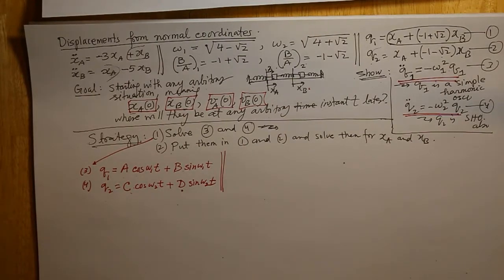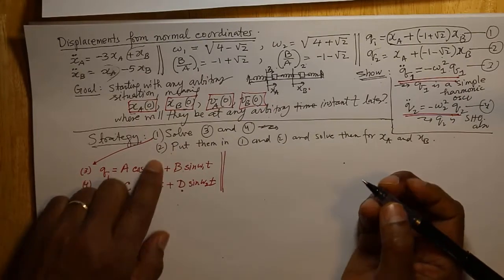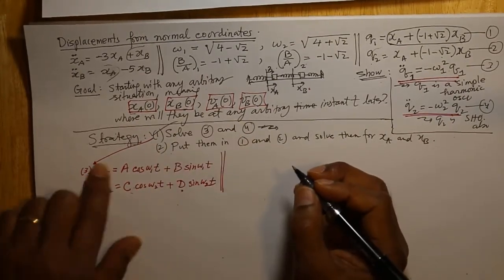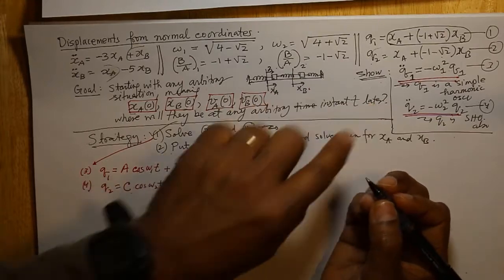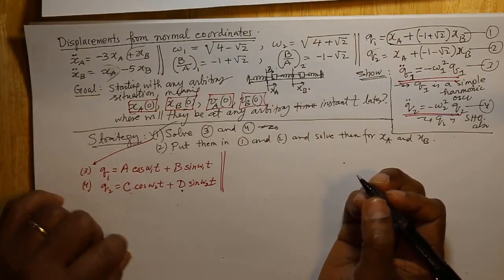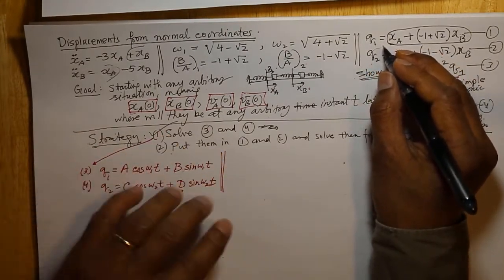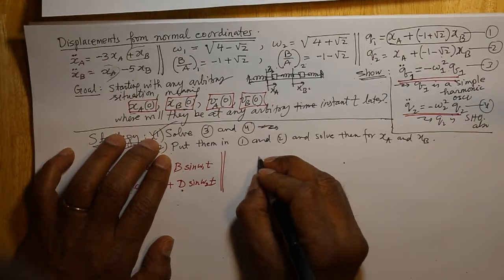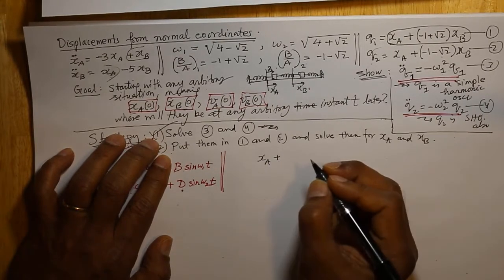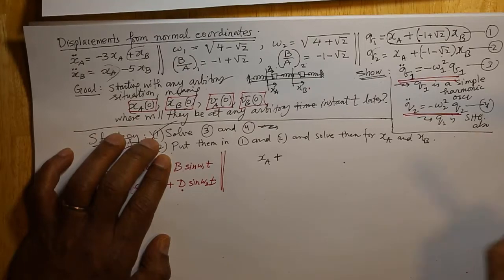Okay, so I've got the solution and now I put it into 2. Rather than put all of this in right there, why not first solve for XA in terms of Q1 and Q2, rather than have much more complication.